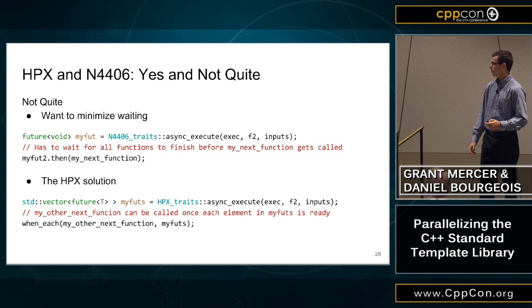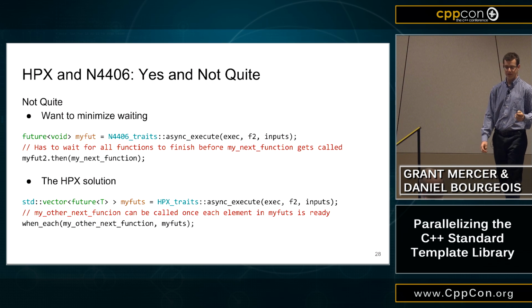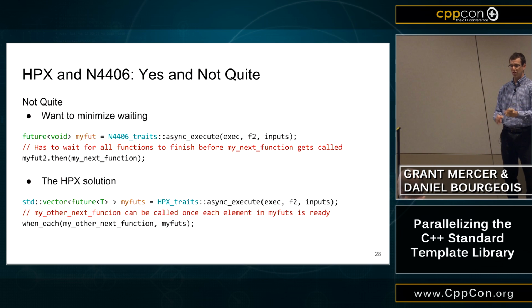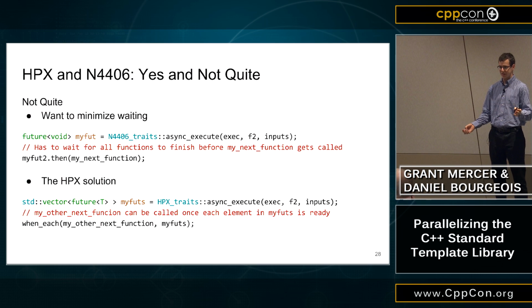But we didn't quite like one feature, and that feature was not maintaining the results for the bulk async execute. So let's pretend that one of our f2 calls to one of the inputs takes a really long time, but all of the other calls don't take very much time. And let's also suppose that if half of our calls are complete, we can continue with something else.